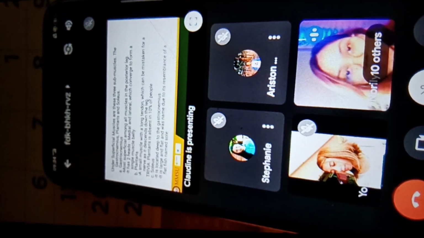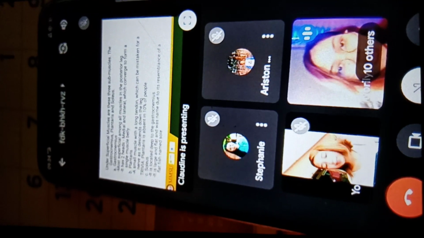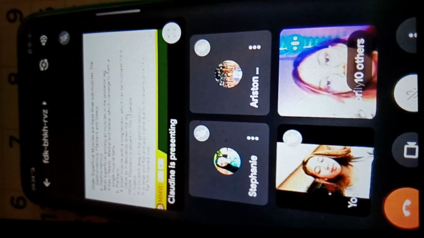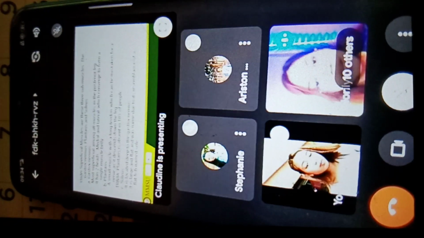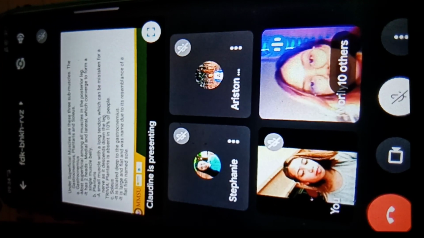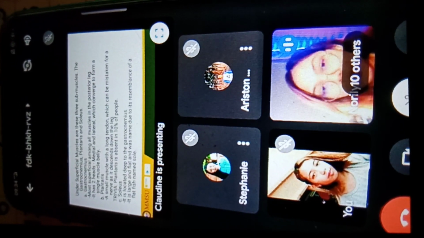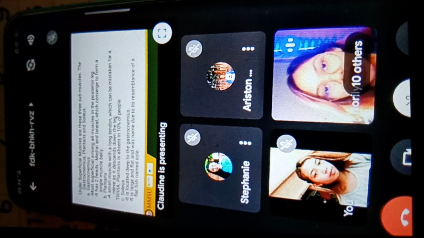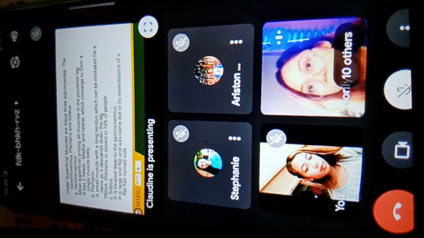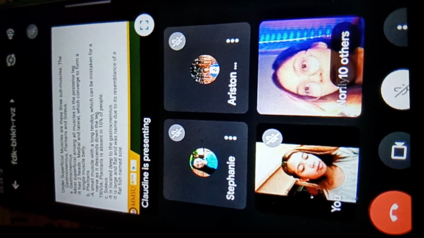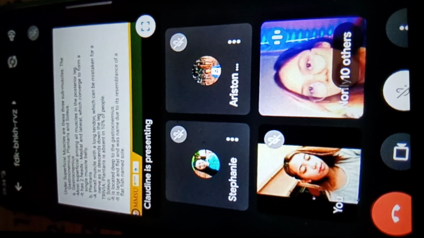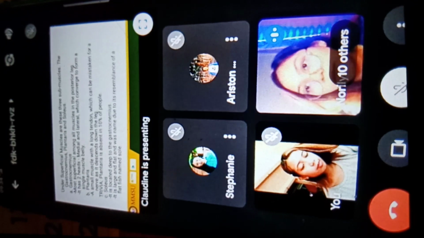Next is the plantaris. It is a small muscle with a long tendon which can be mistaken for a nerve as it descends down the leg. So trivia, plantaris is absent in 10% of people. Not all people have a plantaris. So the attachment of plantaris originates from the lateral supracondylar line of the femur.